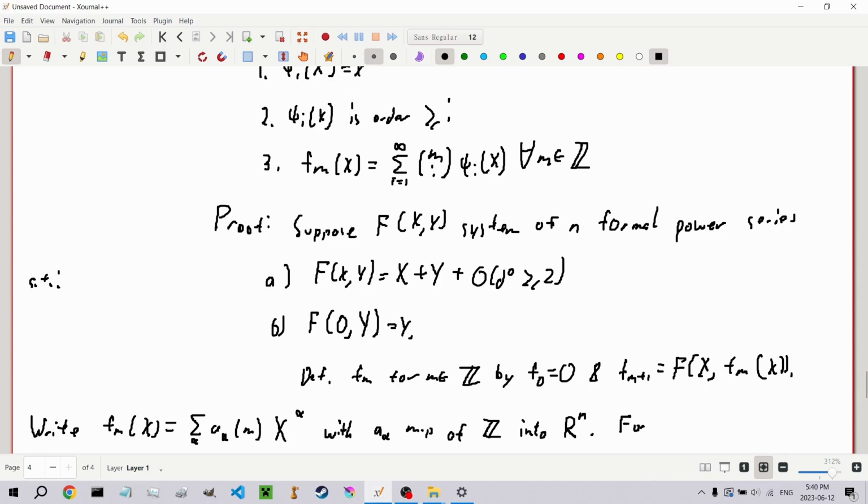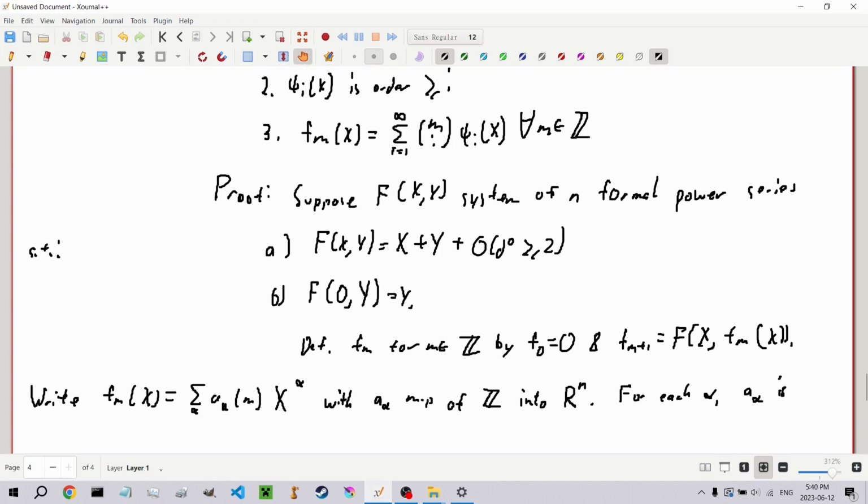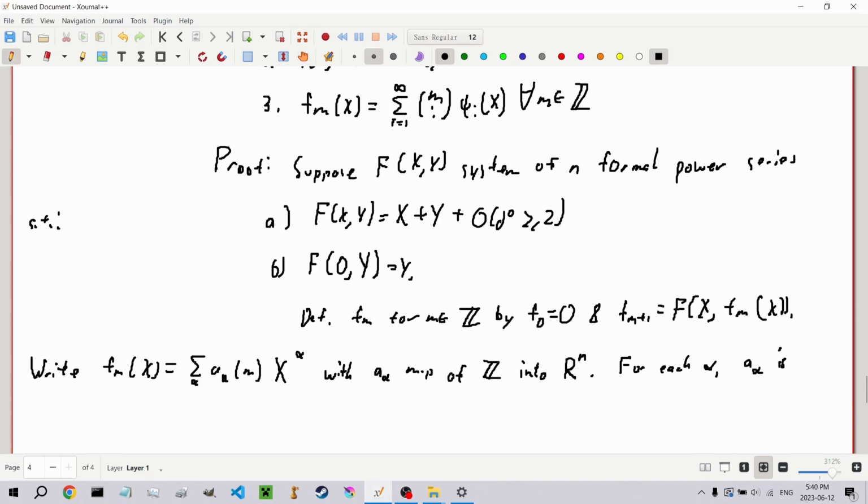We're going to see that for each alpha, a^alpha is a binomial polynomial function of degree at most size of alpha.